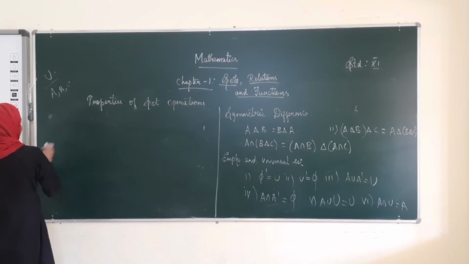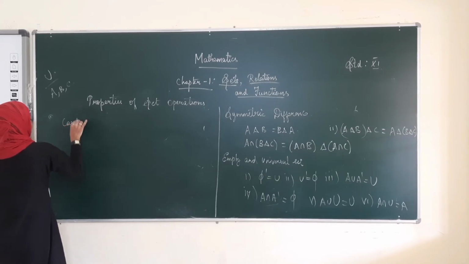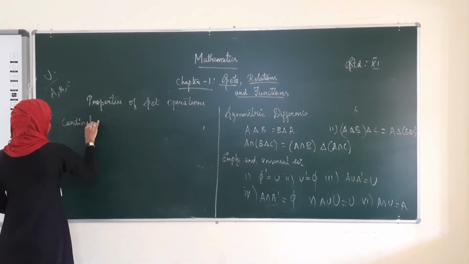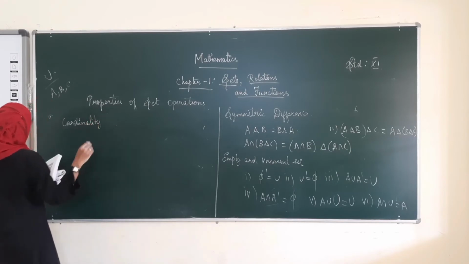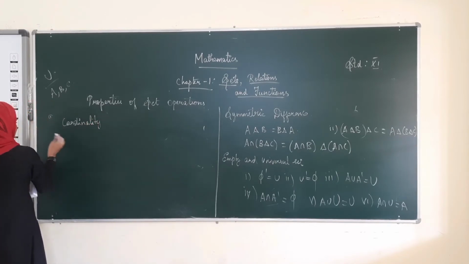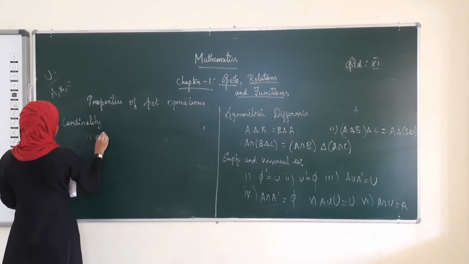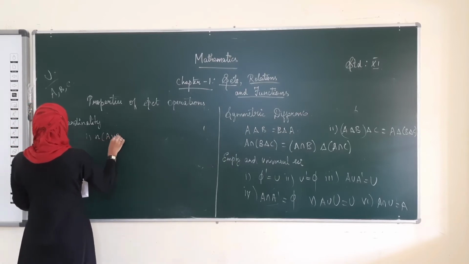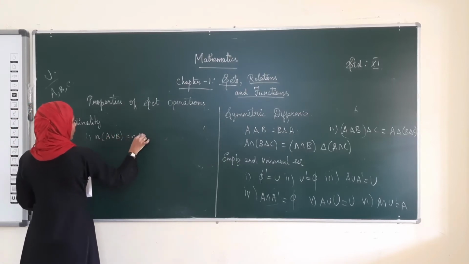on cardinality. It has three main formulas for any two sets. First one is n of A union B is equal to n of A plus n of B minus n of A intersection B. What is n?